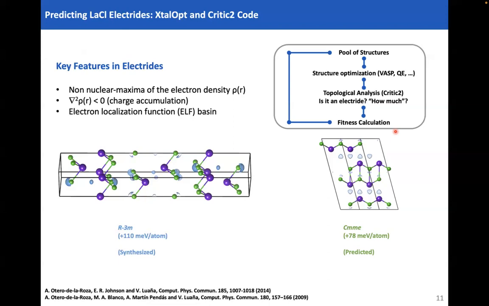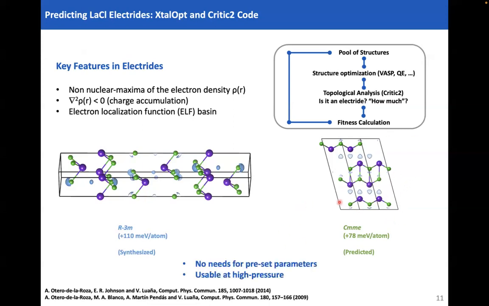Moreover, it was not found in the traditional evolutionary search, not using the extra objective or extra property in this case. It's just lower in energy compared to this synthesized phase, perhaps, but the synthesis route and conditions will be different.